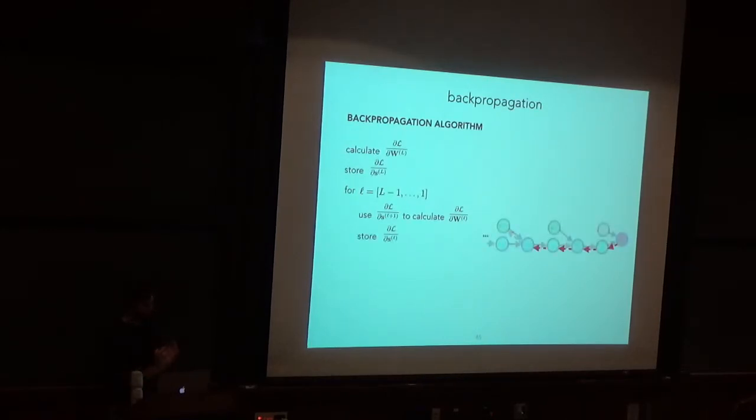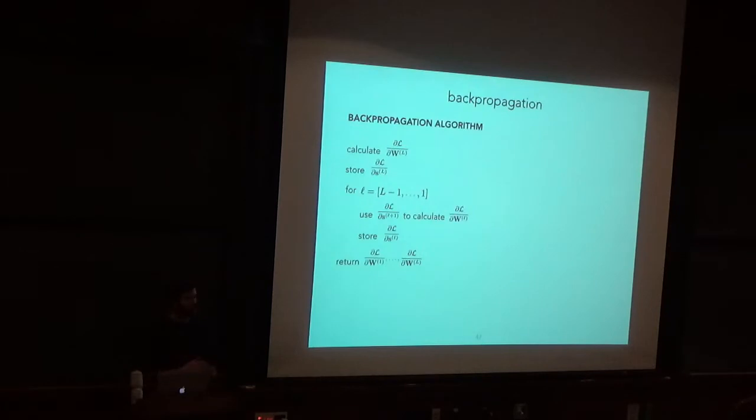And then we're going to store that term, the derivative of the loss with respect to the sum. And then at the very end, we're going to return all of the derivatives with respect to each of the weights. And then if you're using stochastic gradient descent or any type of gradient descent algorithm, you would just apply those gradients with some learning rate to your weights to update them and improve your loss.